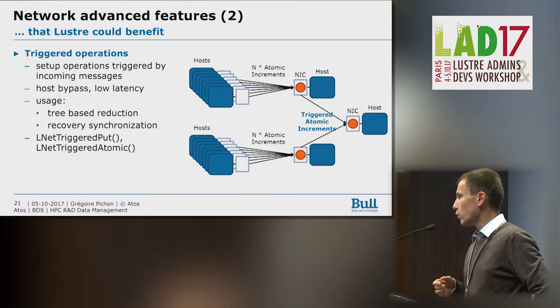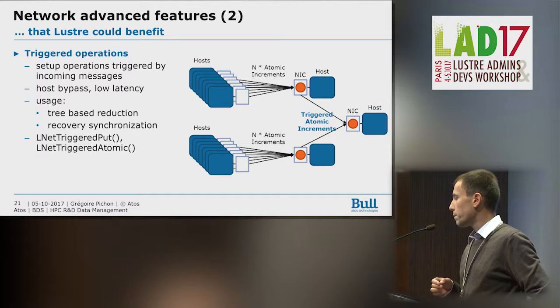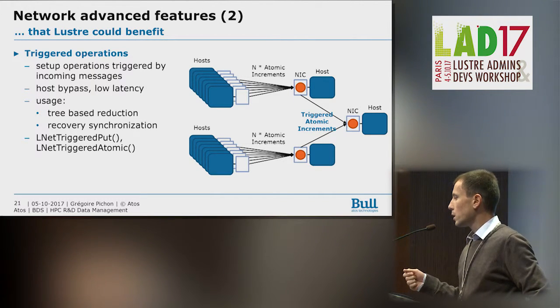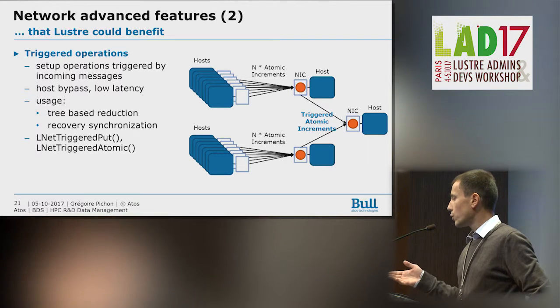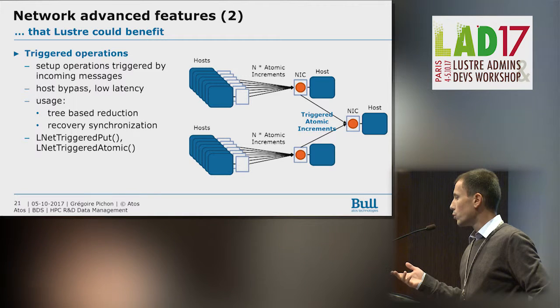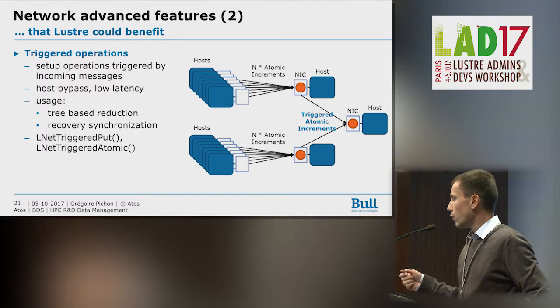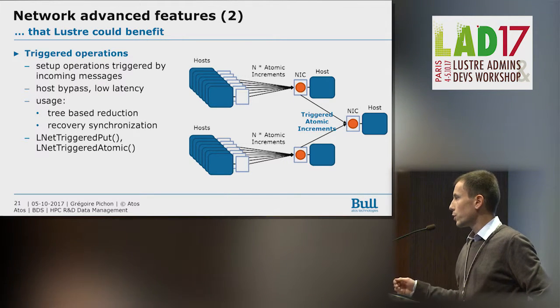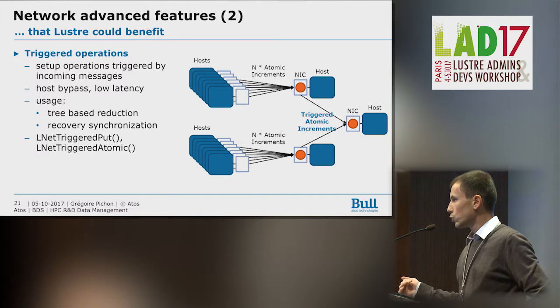The first layer of hosts on the left is able to update the remote variable, and the second layer of hosts will then transmit the summed-up value of the network variable to the lower layer, and this is triggered automatically without any control of the host.